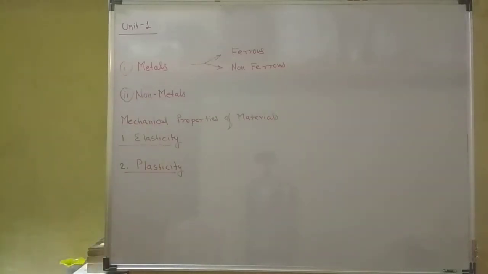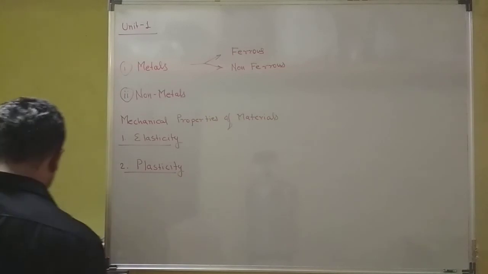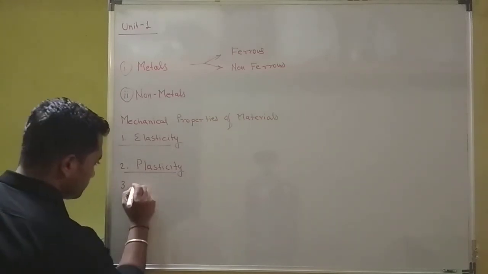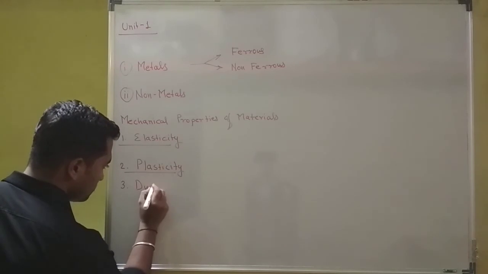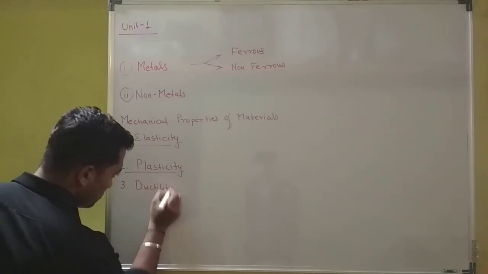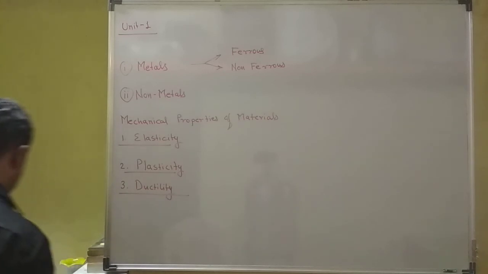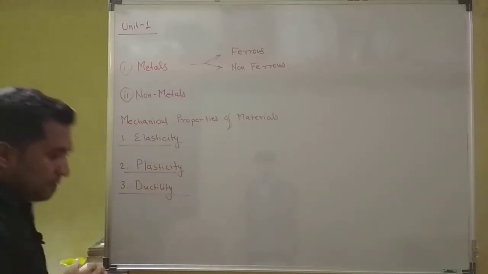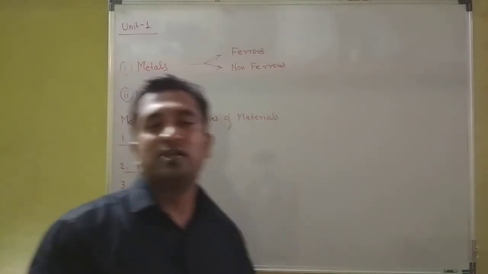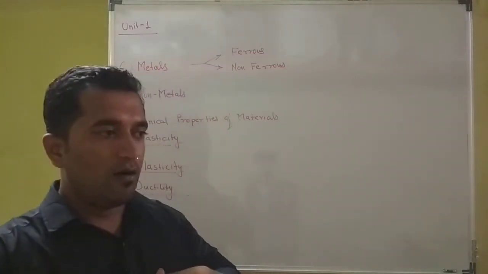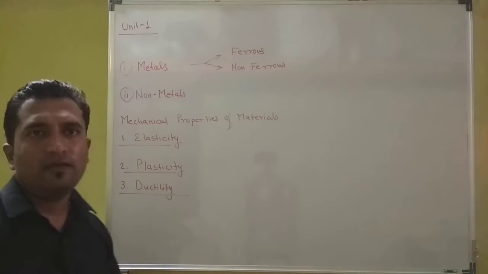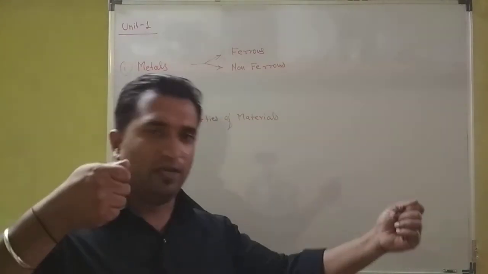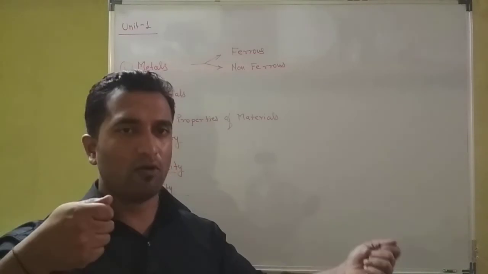Okay. After that, we'll come to the next property, that is ductility. To explain this ductility, when a material, any metal, is stretched, it is getting deformed.